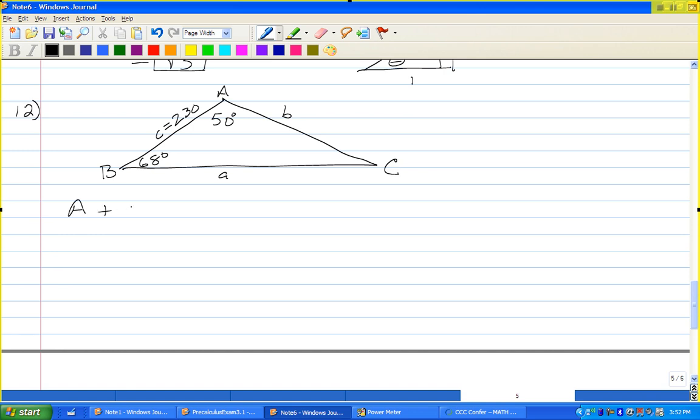The sum of the angles of your triangle is going to be, everything's in degrees, 180 degrees.